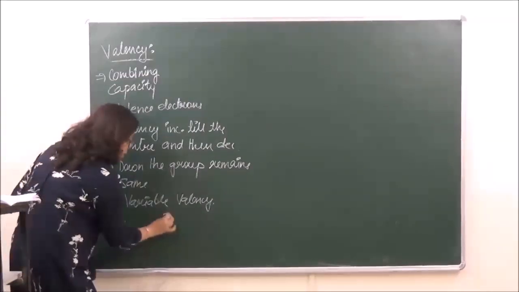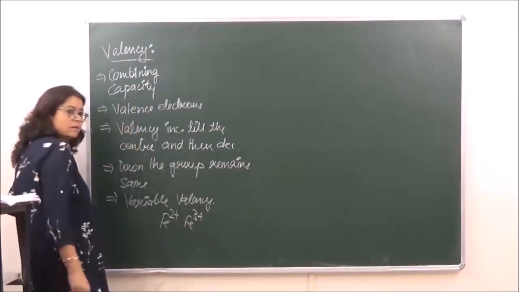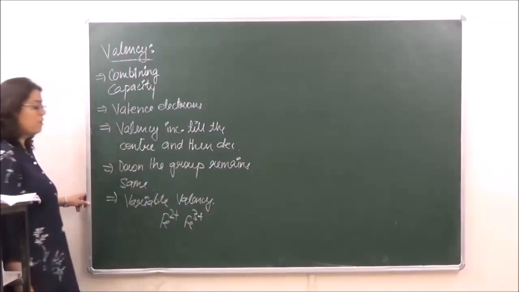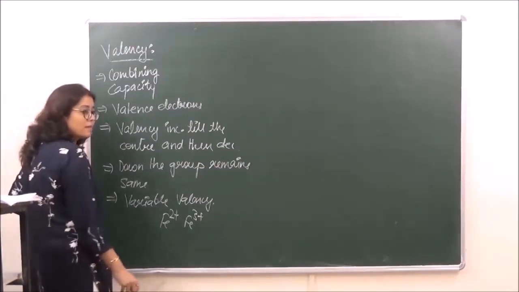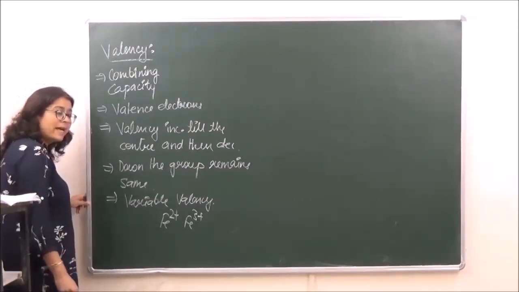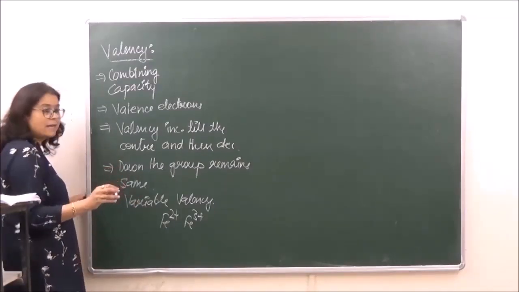For example, we have iron, which shows a valency of Fe2+ and Fe3+. But there are certain other metals which, when they form oxides, show a lot of variation in their valencies.